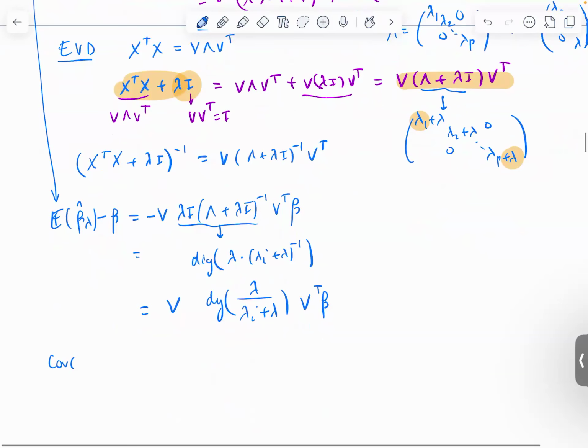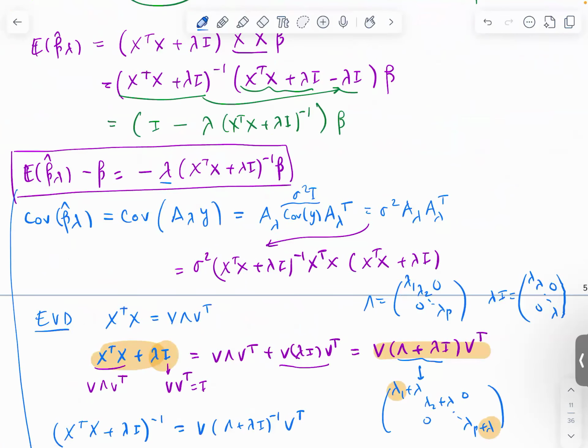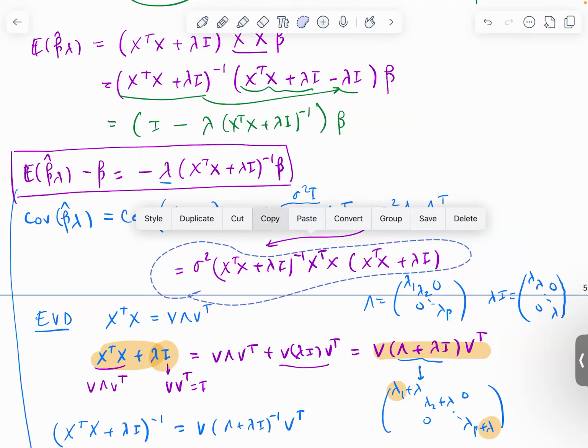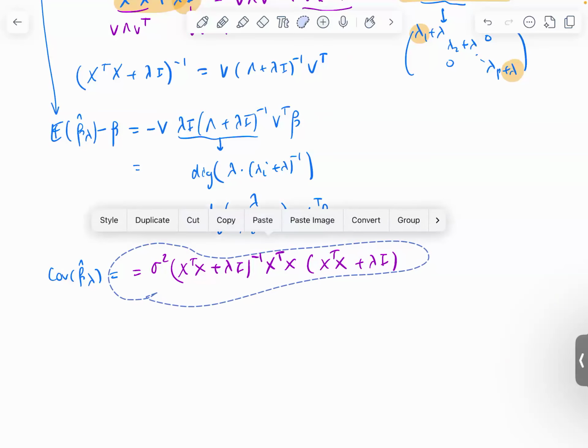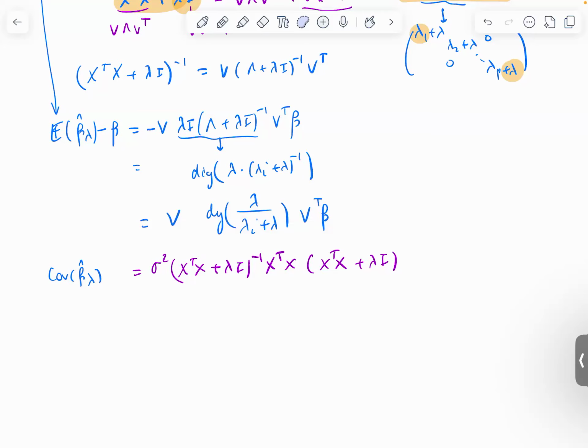So let's do covariance. Covariance of beta hat lambda. Let me copy paste this horrible looking expression. If I do the same procedure, I get sigma squared. This is going to be V lambda plus lambda I inverse V transpose on the diagonal, that's the first term.